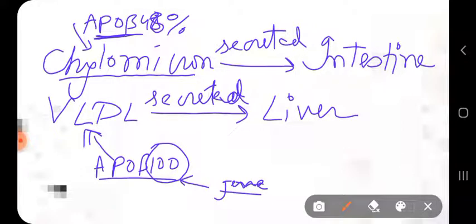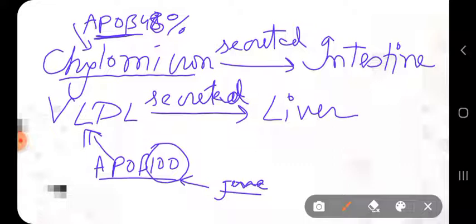If you read carefully, what I am saying, if you listen carefully, you can understand why there is so much difference. VLDL is secreted from the liver. Okay, good. Within the VLDL, apolipoprotein B100 is present, whereas chylomicron particles, which are secreted from the intestine, consist of apolipoprotein B48.